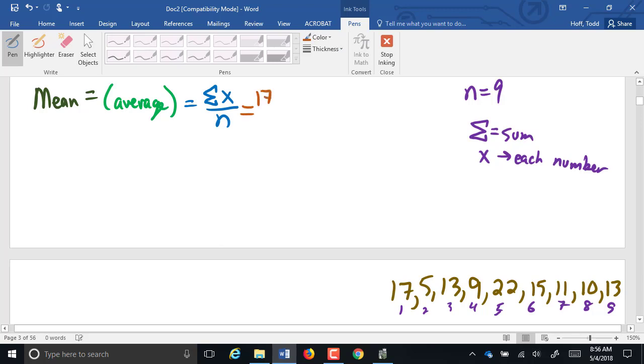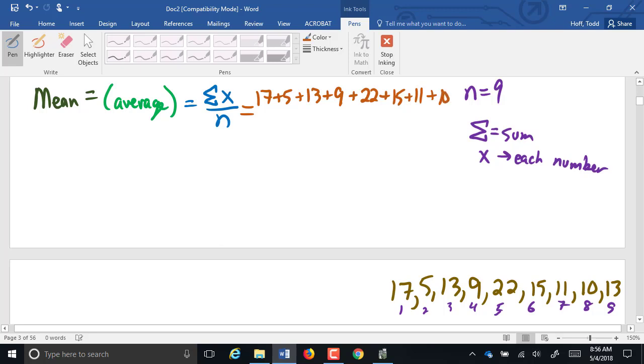So I would do 17 plus 5 is 22, plus 13 is 35, plus 9 is 44, plus 22 is 66, plus 15 is 81, plus 11 is 92. I'm running out of space.